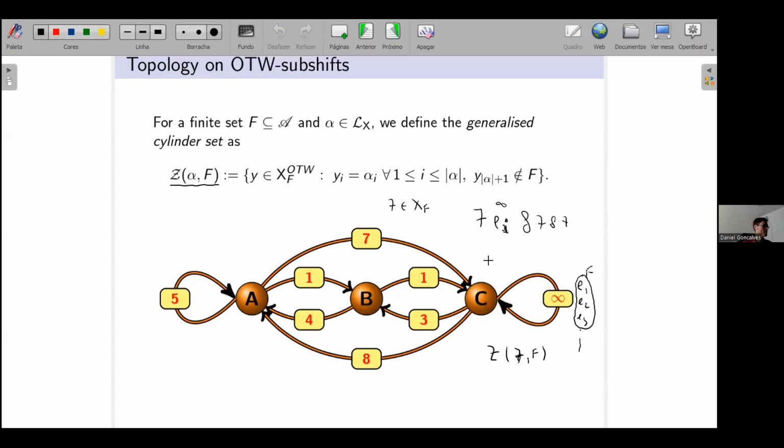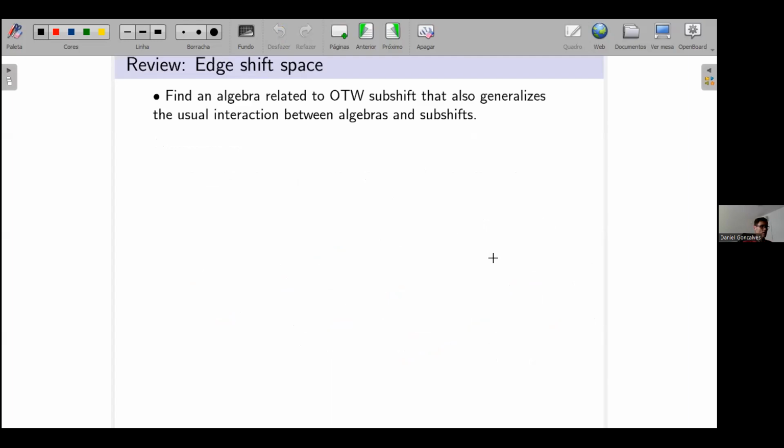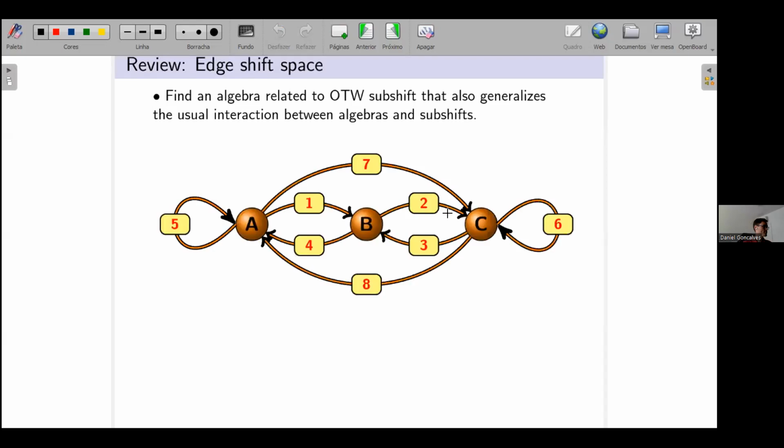I always find them appealing, but as I said, we wanted to find an algebra here that can really connect the subshifts and also generalize the standard relation between algebras and the standard subshifts, when you just have a finite alphabet and the product topology.